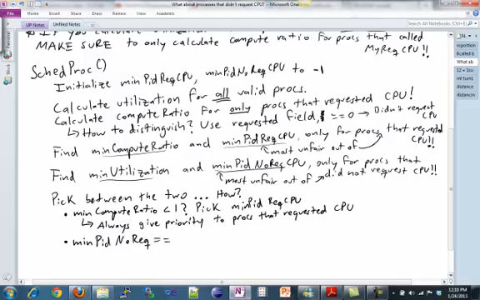Then this PID will be equal to -1, right? Because that's what we initialize it to. If the PID equals -1, that means that all processes requested CPU. So we want to obviously pick the minimum out of the ones that did request CPU, because all of them requested CPU, right? So that's min PID that did request CPU, since there is nothing that didn't. Okay, cool.